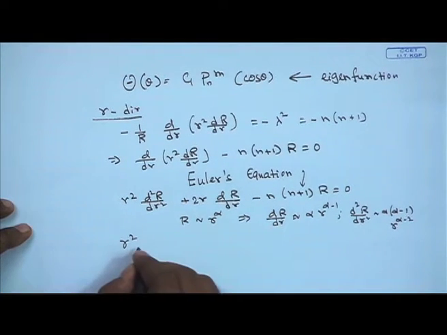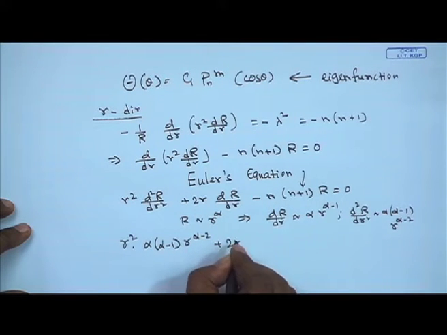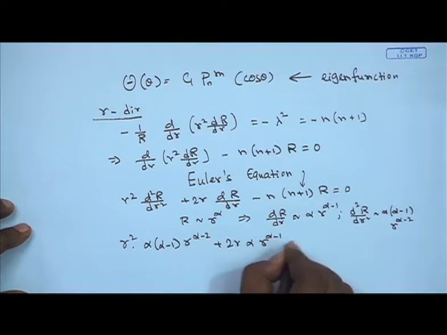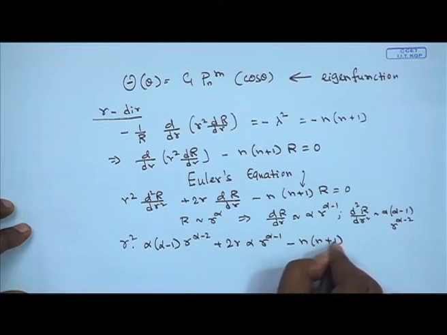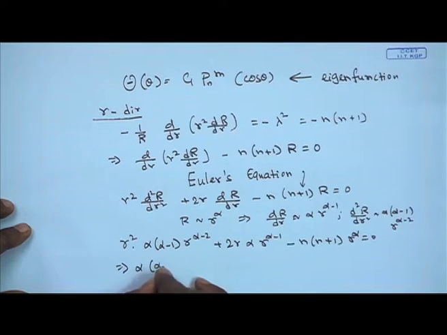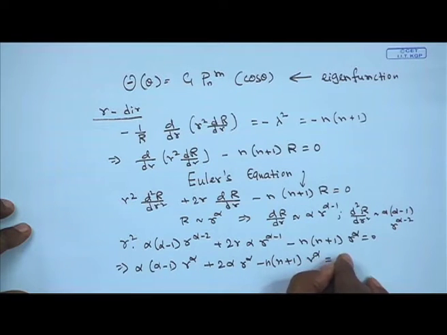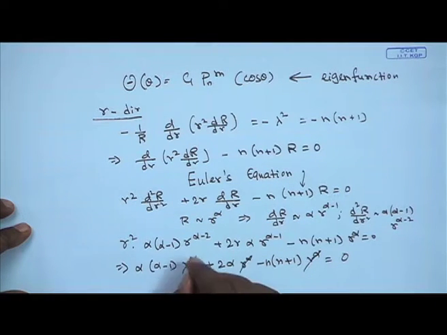So, it becomes r square into alpha into alpha minus 1 r to the power alpha minus 2, plus 2r times alpha r to the power alpha minus 1, minus n into n plus 1 r to the power alpha is equal to 0. So, this becomes alpha into alpha minus 1 r to the power alpha plus 2 alpha r to the power alpha minus n into n plus 1 times r to the power alpha is equal to 0. So, r to the power alpha will be cancelled from all the terms.